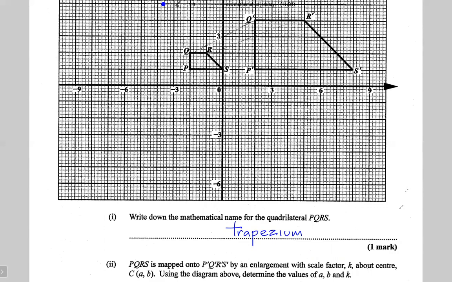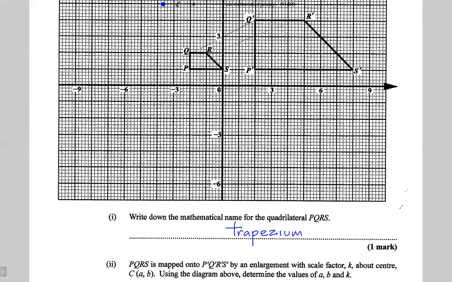To find it, we're going to use this fact, that a straight line through corresponding points on the object and the image must pass through the center of enlargement.